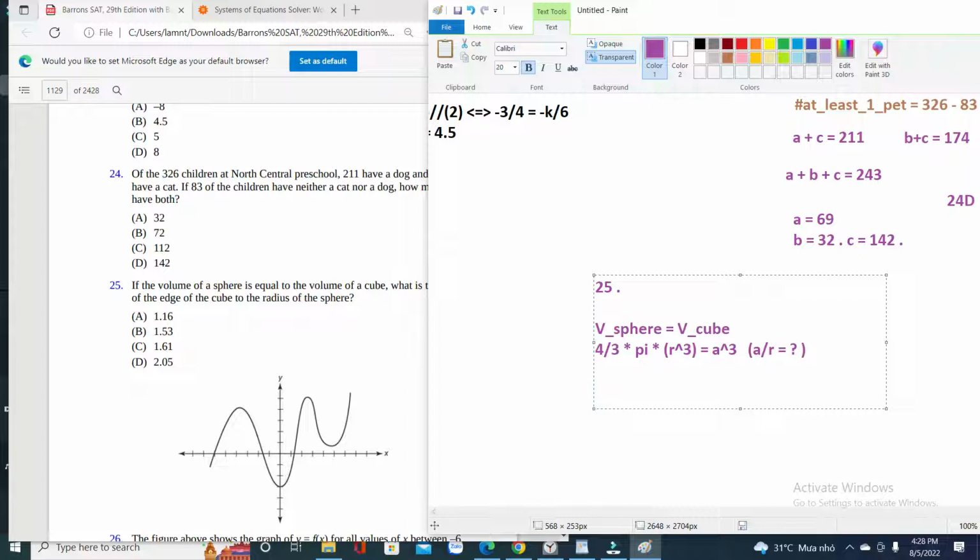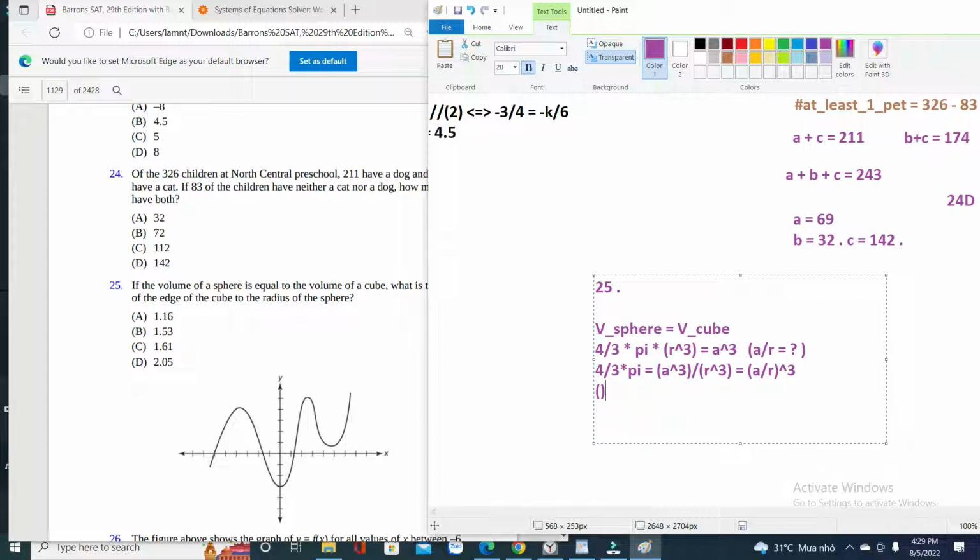Let's do some reduction here. We know that 4 over 3 times pi is equal to a to the power of 3 divided by r to the power of 3, so that is actually a over r, cubed, right? Now to find the ratio of a over r, we take the cube root of the left side.